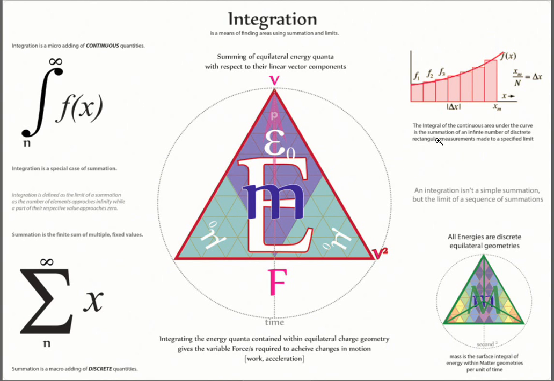Additionally, we can also show via the quantization of these scalar fields and forces the statistical probability and energy distributions for transverse and longitudinal masses within these force fields or fields of energy momenta. And again, the integration is simply summing the finite number of quanta, not the infinite as shown in classical formulation of integration.